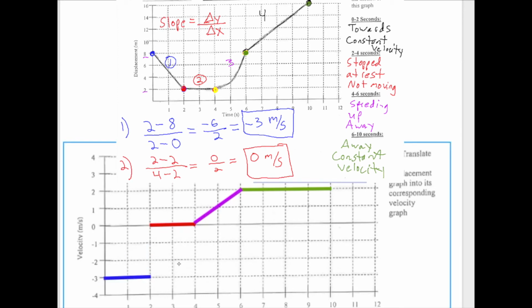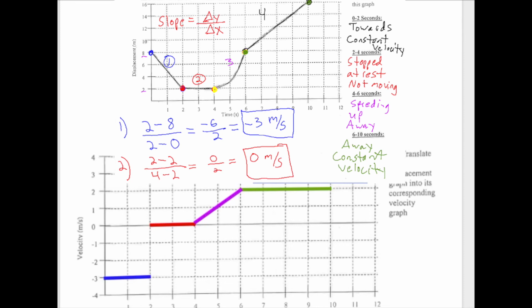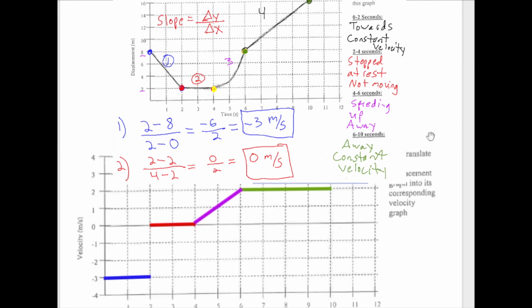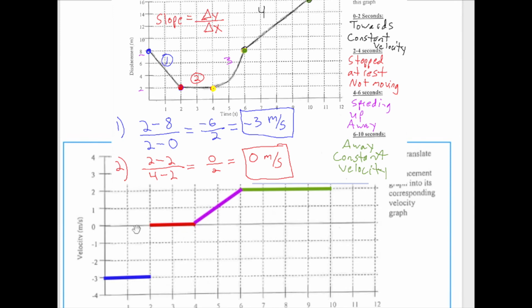If I'm looking at my graph over here, I see that this is experiencing a constant velocity, horizontal line, and it's moving towards the origin because it's under the x-axis. It's a negative velocity. Then from 2 to 4 seconds, I can see that my object is standing still or not moving because it has a velocity of 0 meters per second.